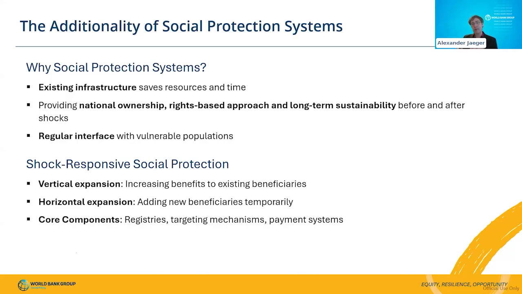When we talk about social protection responses, we often talk about vertical expansion and horizontal expansion. By that we mean that we either deepen the delivery for the people that already get services through our system. So that means they get additional resources in case of disaster. Or horizontal expansion, by which we mean that we reach out to a bigger share of the population.